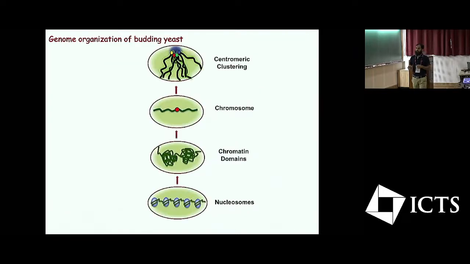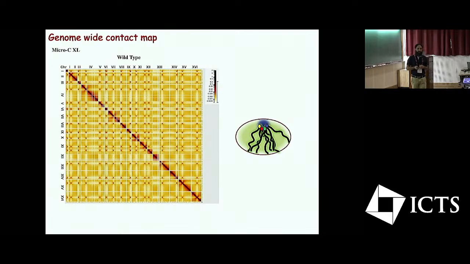So the point is, now we have the change here, does it have consequences, or does it get reflected on the higher levels of organization or not? So we did Micro-C XL in the yeast, and this is what we have seen from Yatish's talk and from a couple of other talks, that we get these dotted patterns in the contact maps, which suggests there is this rubble conformation.